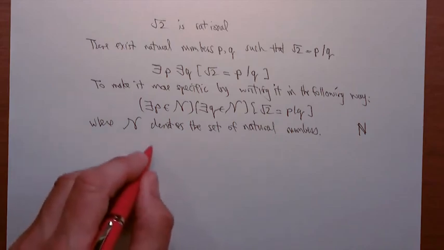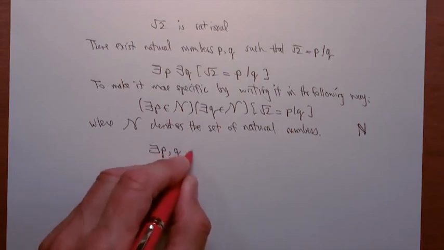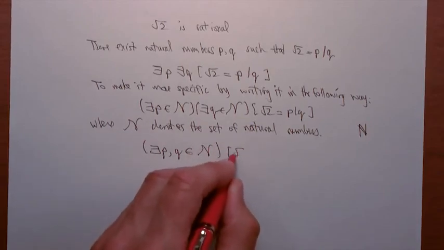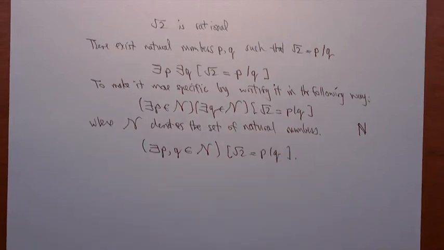You sometimes see mathematicians write it in an even more abbreviated fashion. There exists p, q in N, such that square root of 2 is p over q. That's fine if you're confident about the material and you're familiar with the notations.